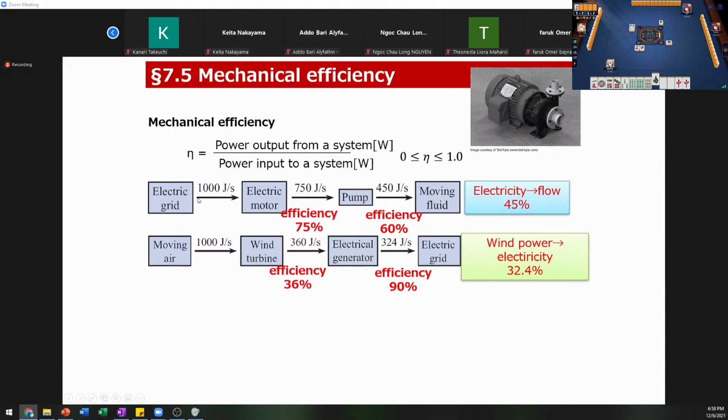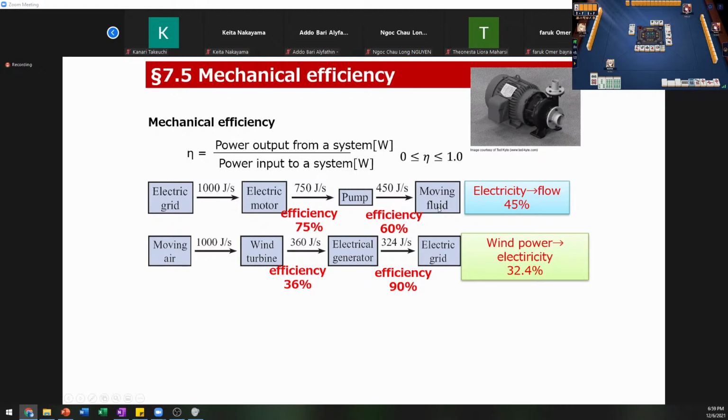For example, say the electricity grid supplies 1000 joule per second and the electric motor outputs 750 joule per second. In such a situation, efficiency is 75%. Okay, eta is 0.75, and then it drives the pump, right?